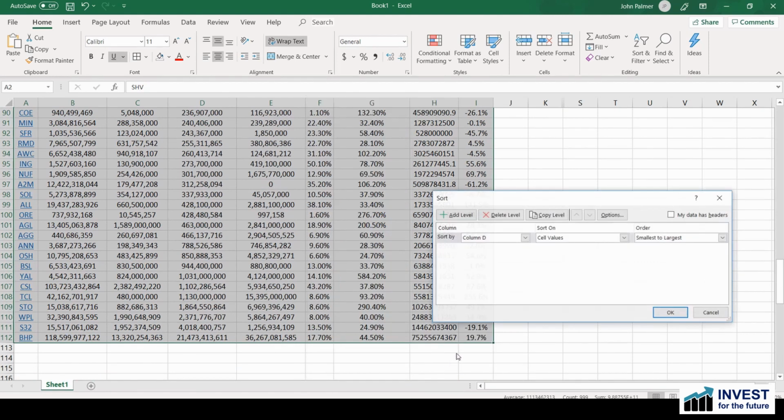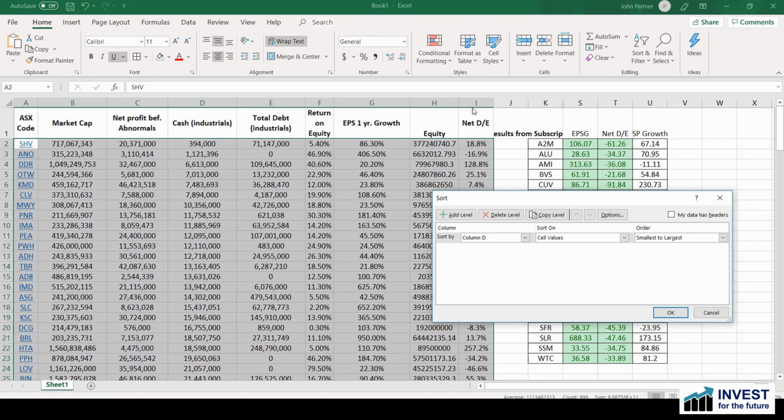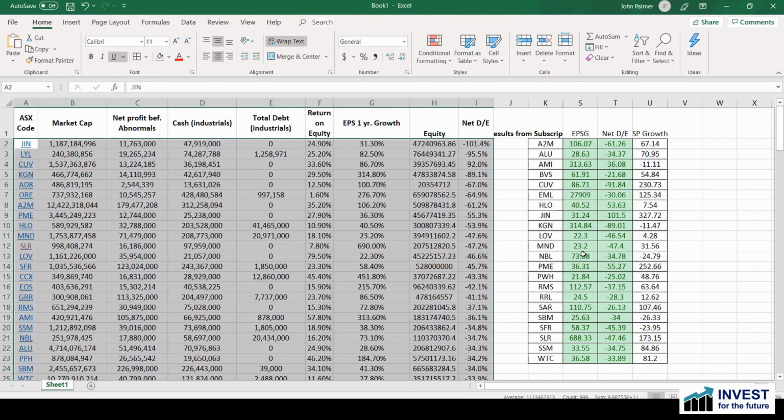We're going to custom sort them by column I, and because we want to have the negative ones at the top, we're going smallest to largest. Okay, and so there we have our list of companies according to Westpac that 12 months ago had very, very good earnings per share growth and very, very negative net debt to equity.